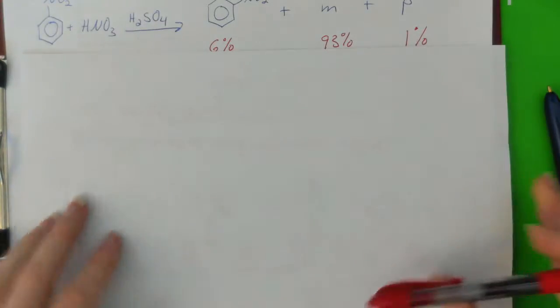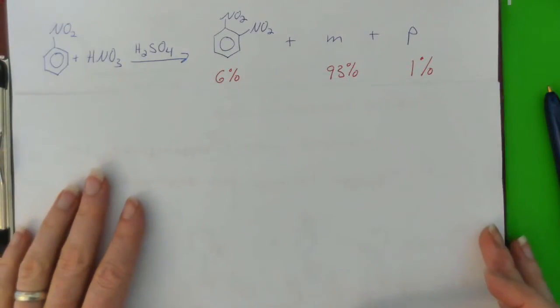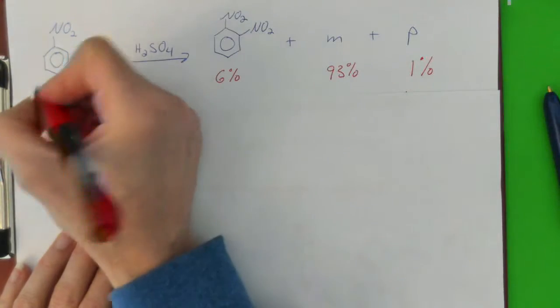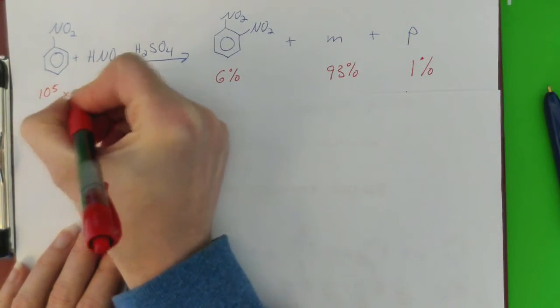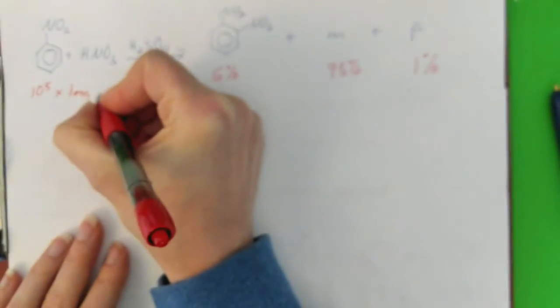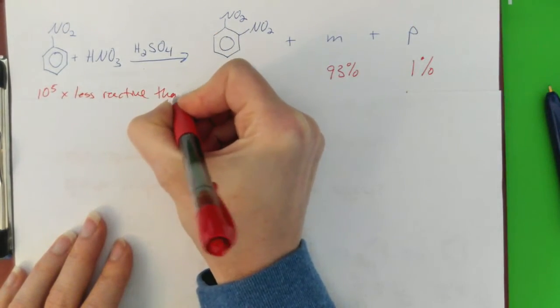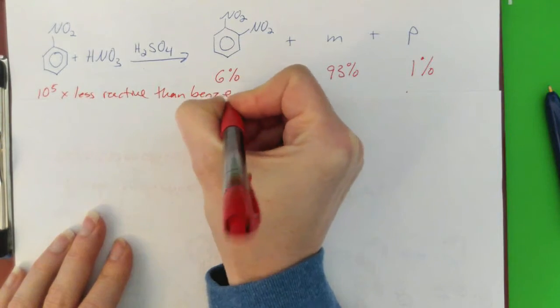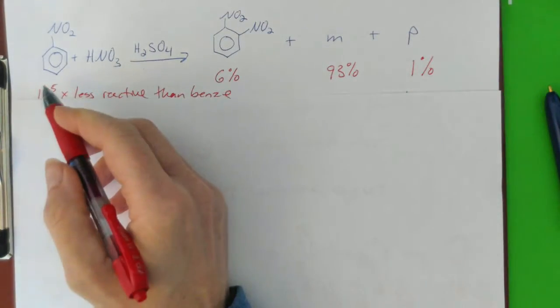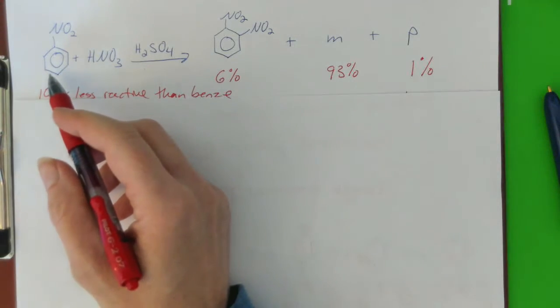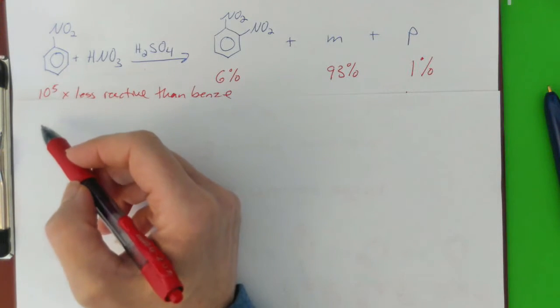So if we take nitrobenzene and we force it to be nitrated, this is like 10 to the 5 times less reactive towards this nitration than benzene. You don't have to memorize this number. I could ask you on an exam, is this more or less reactive than benzene? You would just tell me it's less reactive. You don't have to know that number.